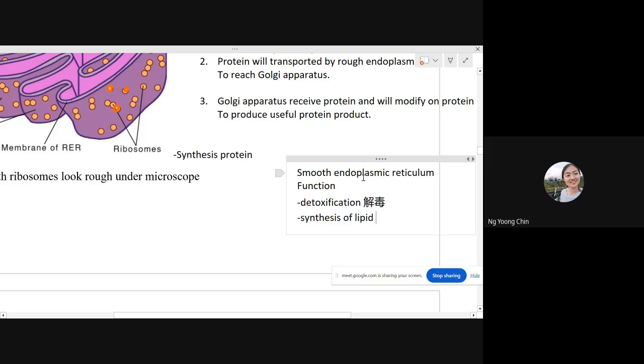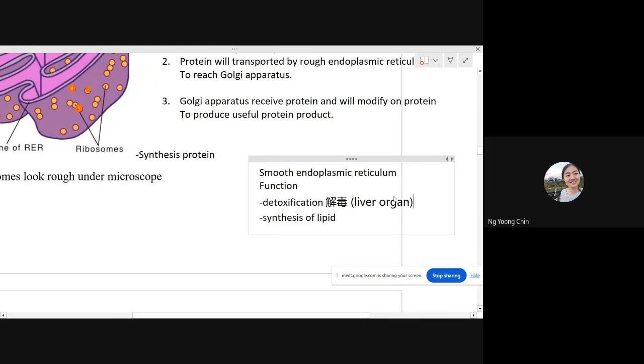Because the smooth endoplasmic reticulum helps in detoxification, there is a very large amount of SER found in the liver. One of the functions of the liver is detoxification, meaning it converts toxic products into non-toxic products, and then excretes them out as urine.